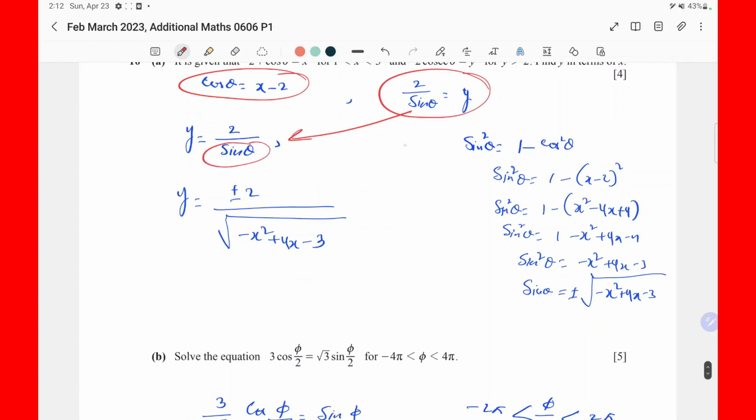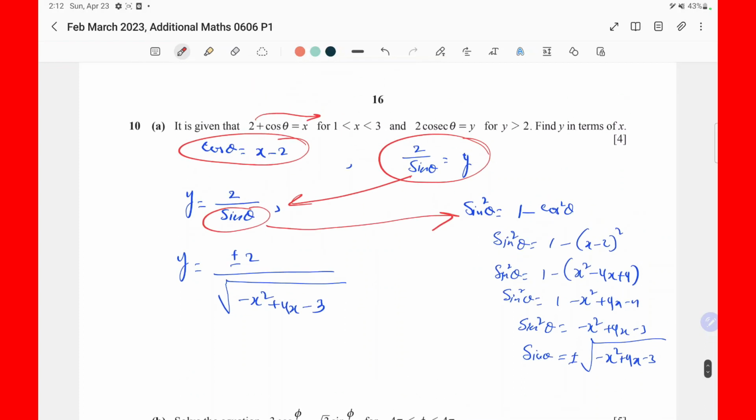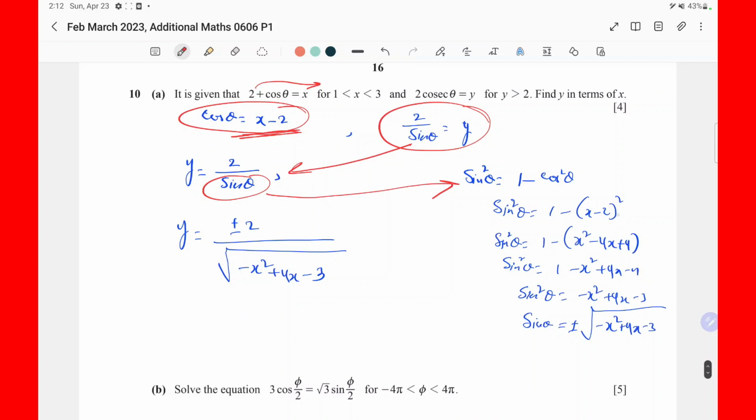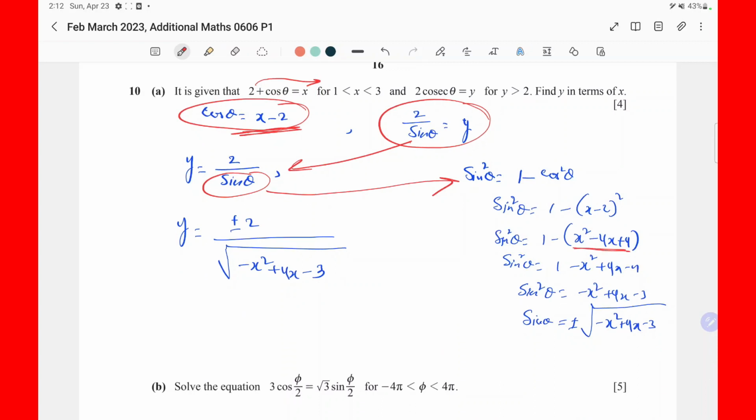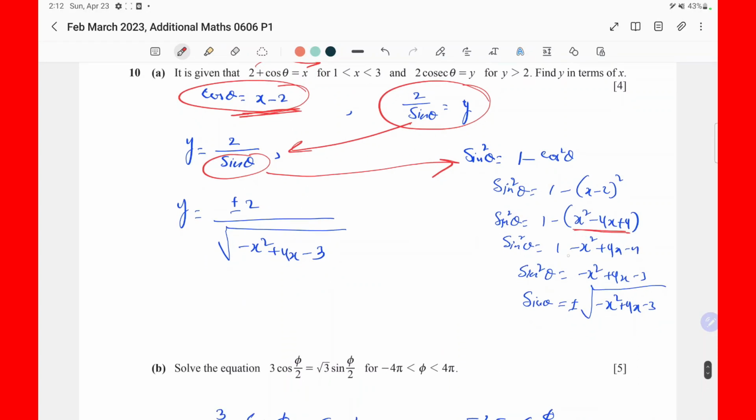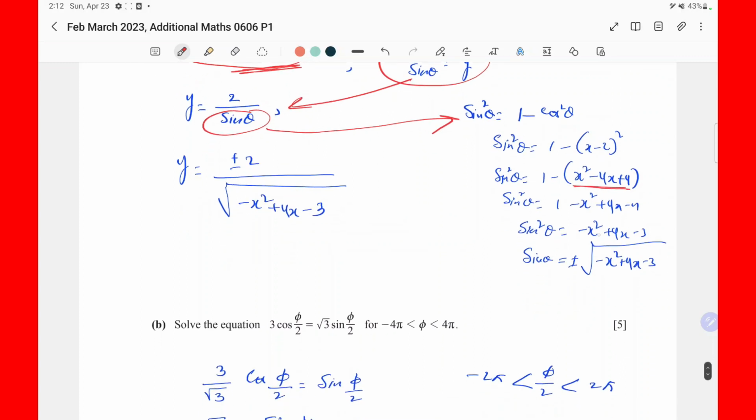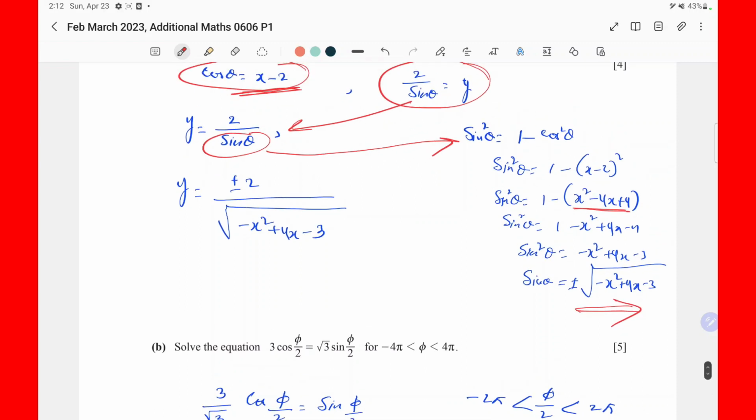So I need to find this sine theta. Sine squared theta is 1 minus cos squared theta, and cos is x minus 2. So 1 minus (x minus 2) whole squared, then just open it: x squared minus 4x plus 4. So 1 minus x squared plus 4x minus 4 gives minus x squared plus 4x minus 3. Sine theta is plus or minus the root of that.